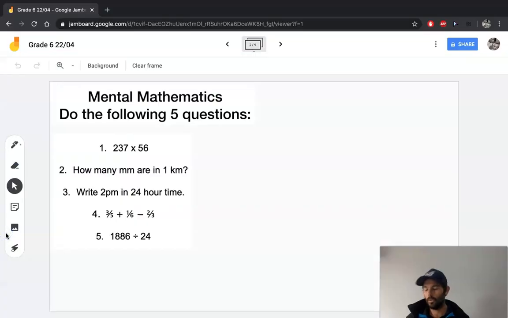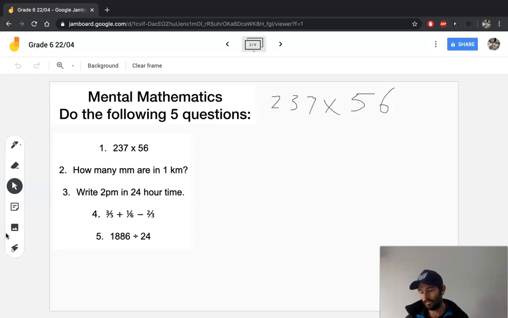Okay guys, well done for getting through that. So my first question, 237 multiplied by 56. The first thing I'm going to do here is make the question easier for myself, so I'm going to do a bit of doubling and halving.